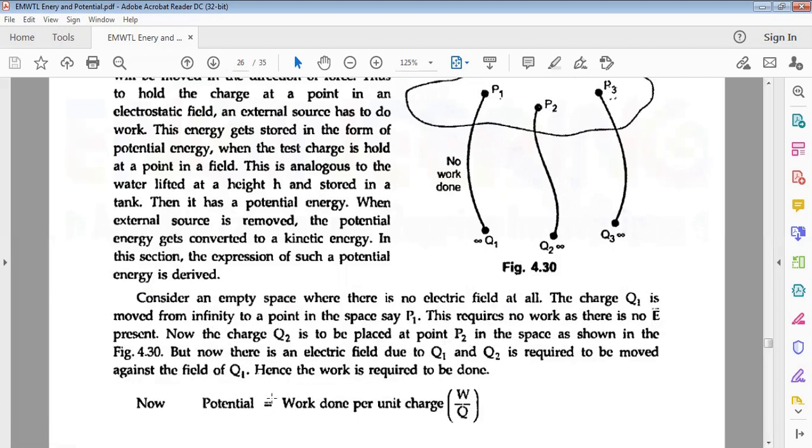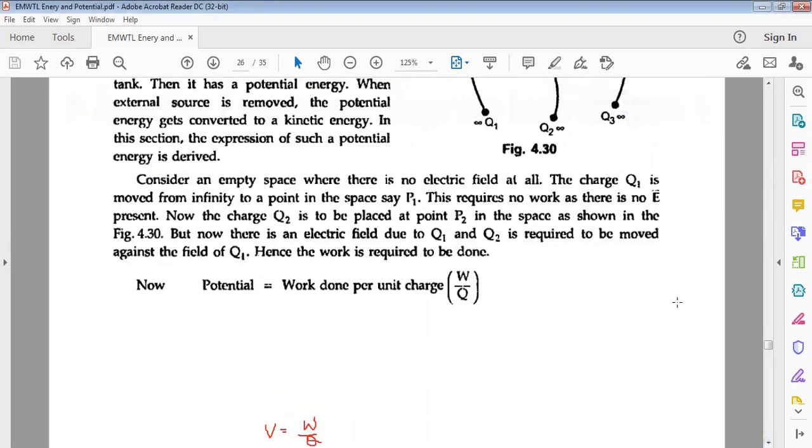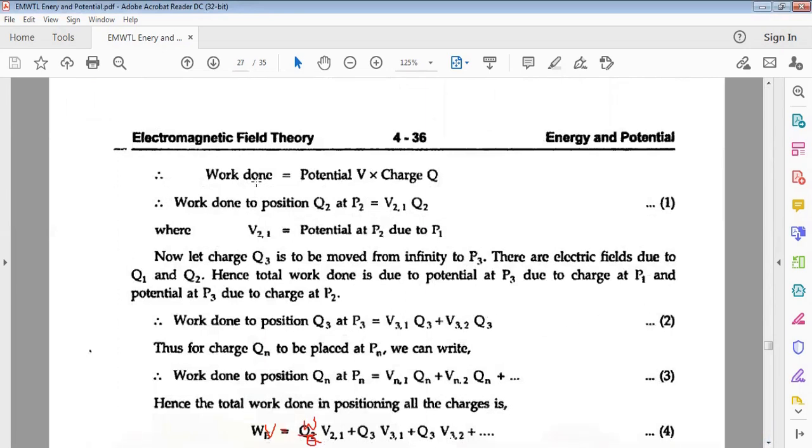The potential V is equal to work done per unit charge, W by Q. Then the work done is equal to the potential V into Q.